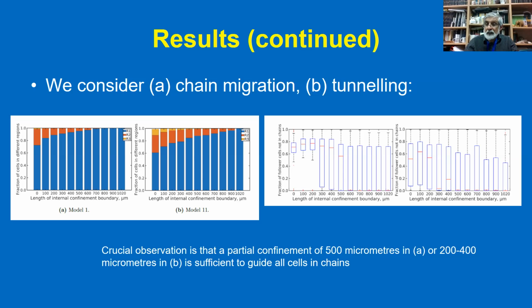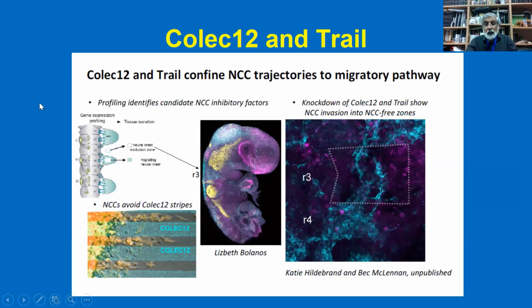So this motivated our colleagues to look right next to the neural tube and see if they could find a chemical that inhibits neural crest movement. And what they found were these two things here, one called collect-12 and one called trail, and they inhibit the movement of the cells.